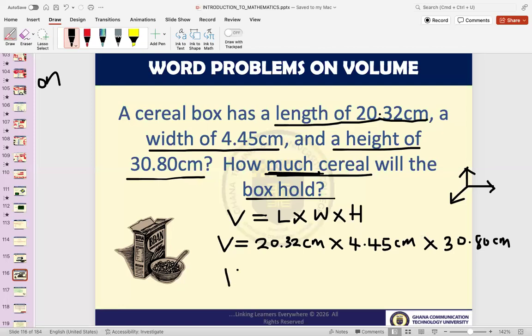Let me see anybody with a calculator who has been able to multiply all these three and give me the final answer. Let me write 20.32 multiplied by 4.45 multiplied by 30.80.